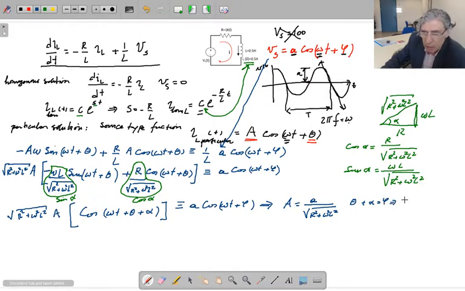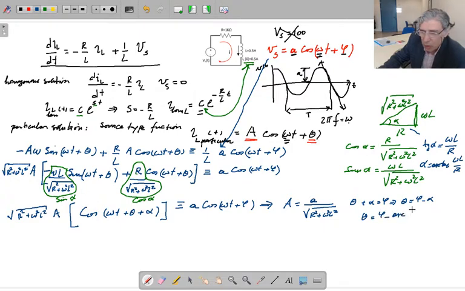From that, theta is equal to phi minus alpha. What is alpha? Tangent alpha is equal to omega L over R, and alpha is equal to arctangent of omega L over R. So theta is equal to phi minus arctangent of omega L over R.